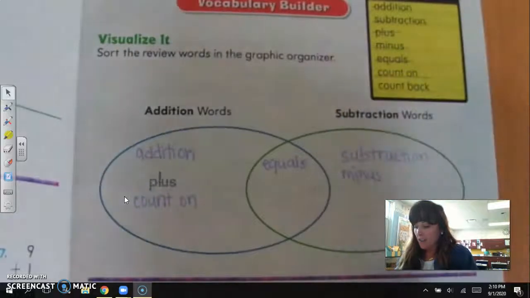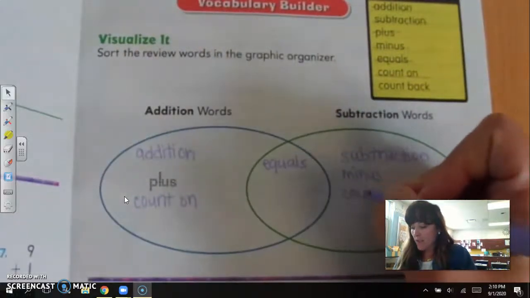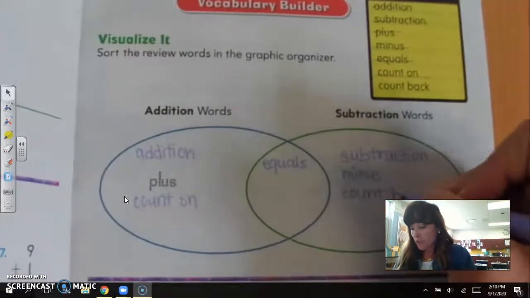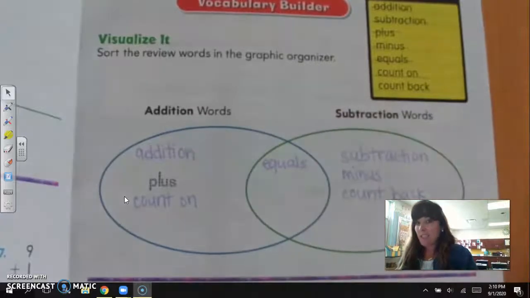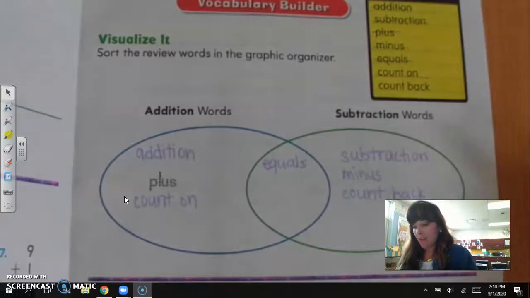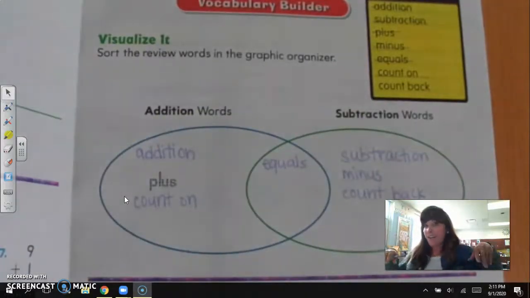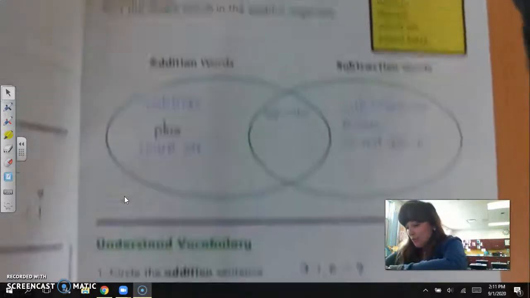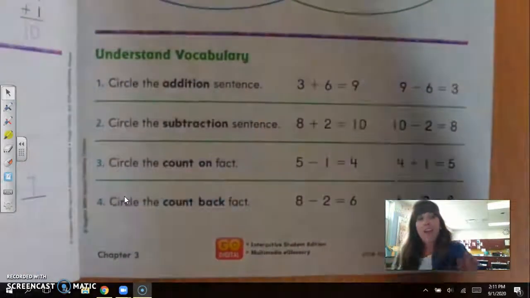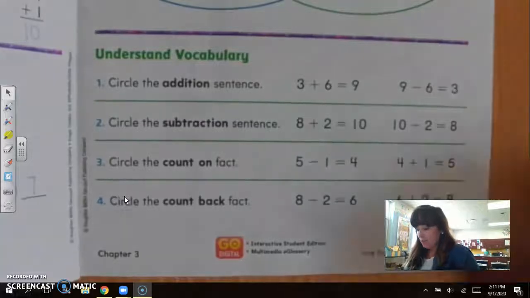And count back on the subtraction. Now I'm going to put it there because that's what we normally do. But sometimes we might count on for subtraction and we might count back for addition. But for the most part, let's just leave it like this and we'll worry about that later. Okay. Then let's go to understand vocabulary. So bring that on down, and let's finish this up.